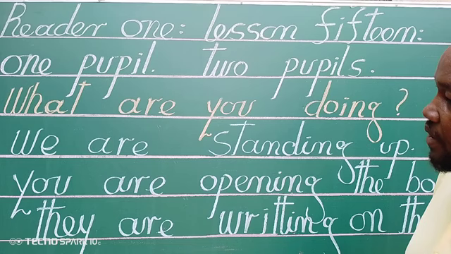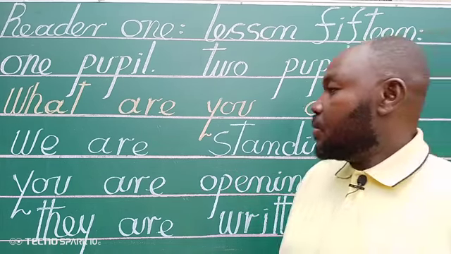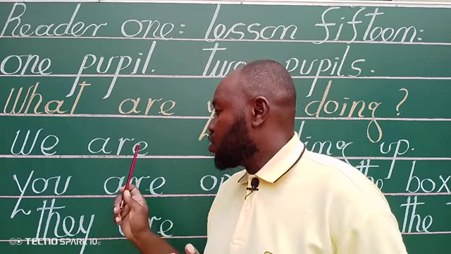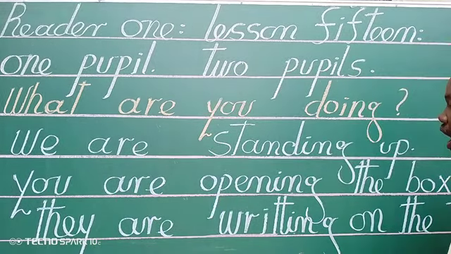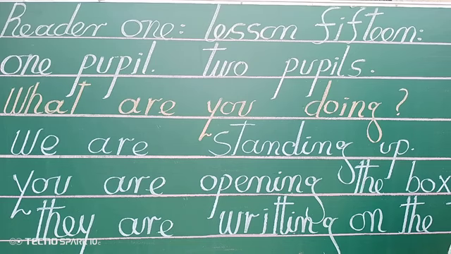A lot of students mix them up. For example, someone who says "we is", this is completely wrong. This is not right, okay? You have to follow it this way in order to know how to deal with it. And the verb here is going to change according to the action somebody is trying to do.